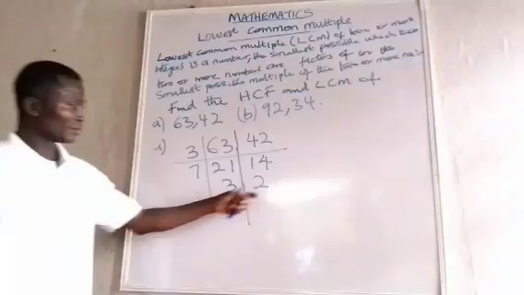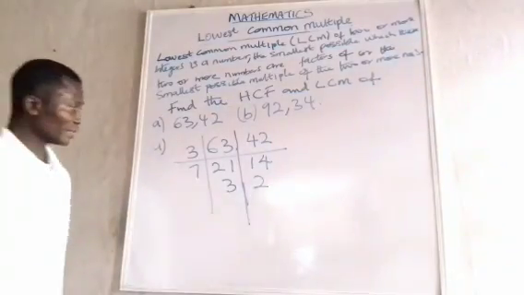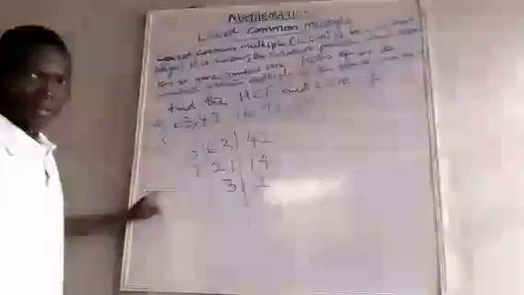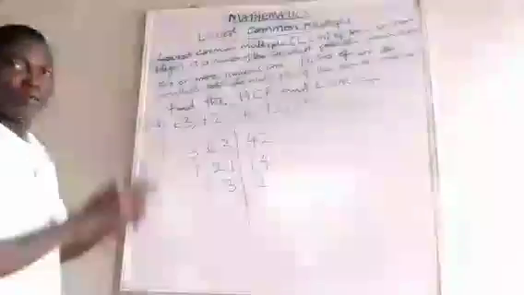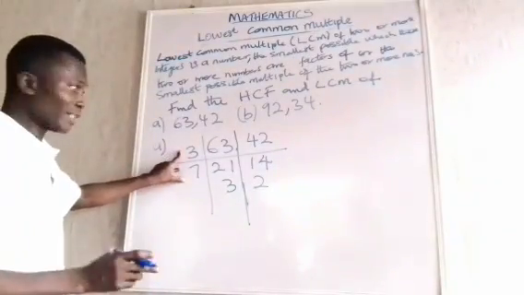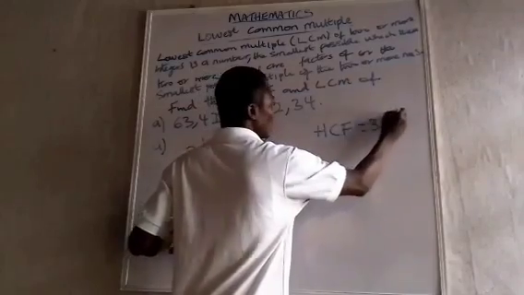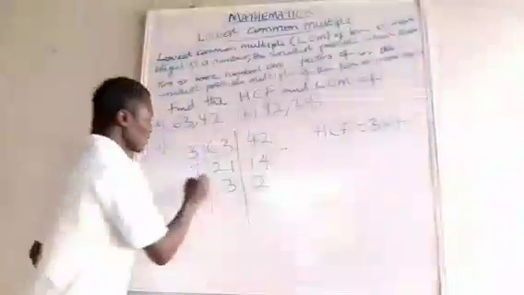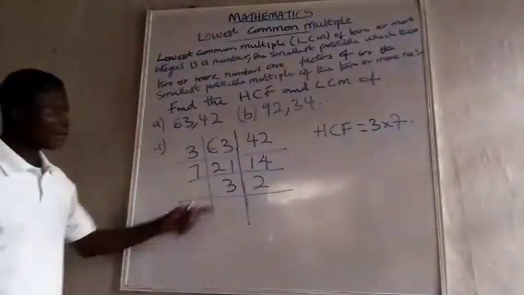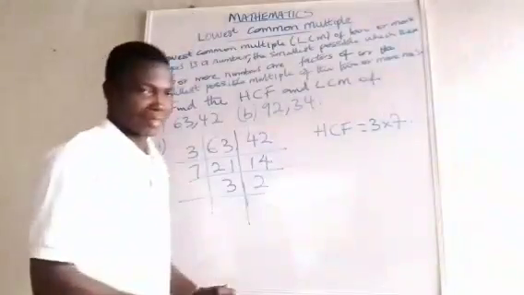You can see they don't have a common factor again. So at this stage, we can find our HCF, highest common factor. So HCF is equal to 3 times 7. This is the end of the journey for HCF, where we can no longer find any factor again.